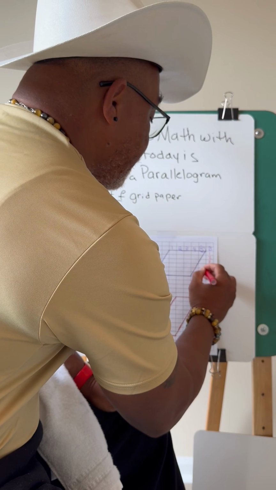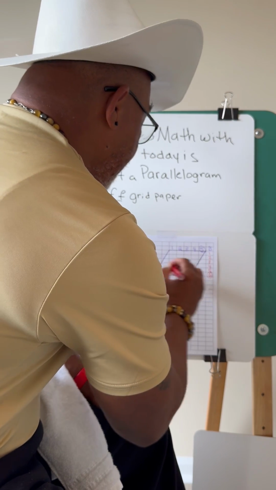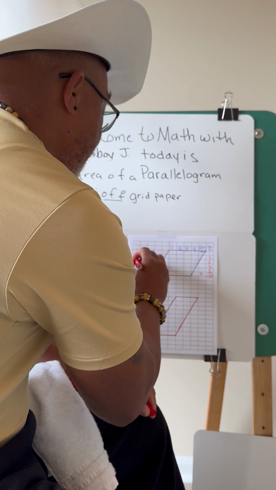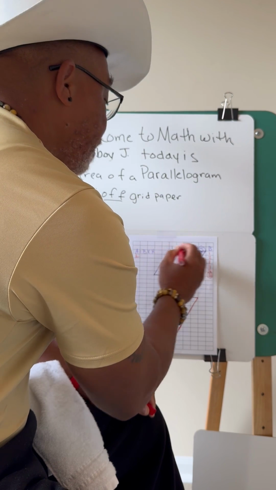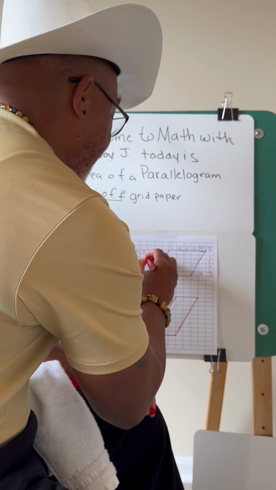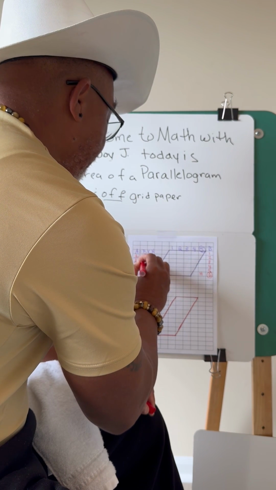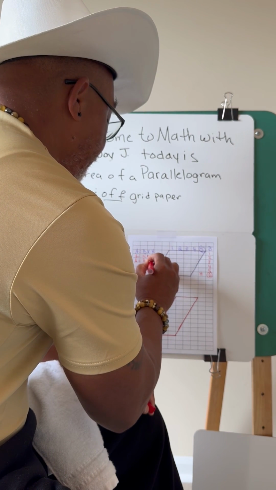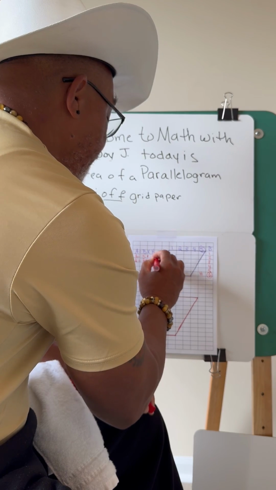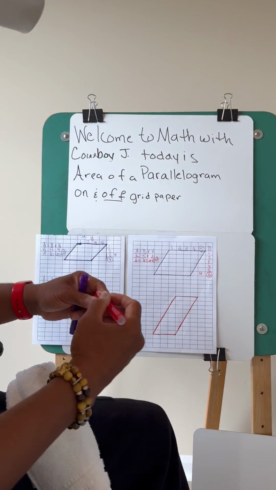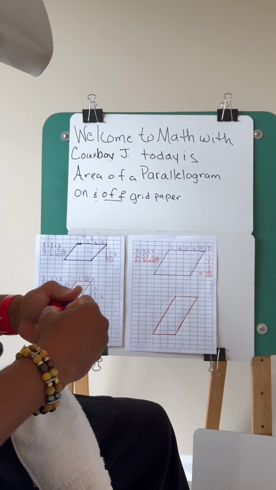So 6 is going to be our height. So we have a base of 5 times a height of 6. So we have an area of 30 units squared, because each square is 1 unit.